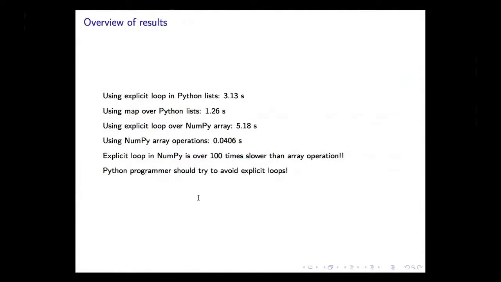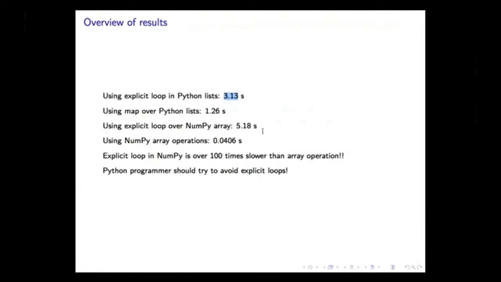So let's put all these timings on a single slide, just so you can see what's going on. If I'm using just vanilla Python, storing my numbers in a Python list, that addition took 3.13 seconds. If I'm using a map without an explicit loop, I improve this to 1.26 seconds. If I switch to using NumPy, even though NumPy is meant to be efficient for numbers, when I do an explicit loop over a NumPy array, it's actually slower than vanilla Python.